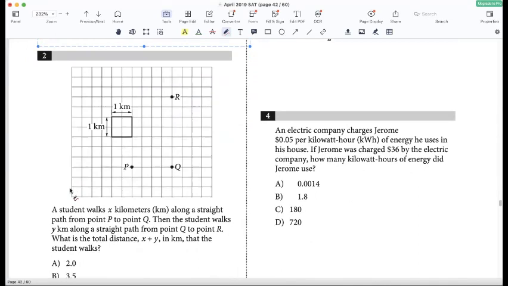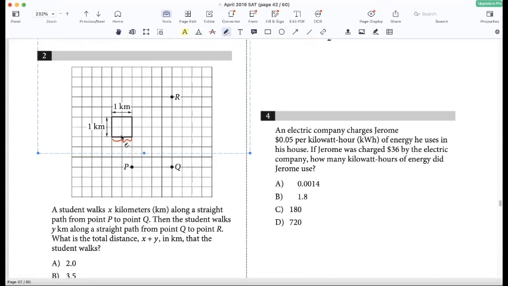Question 2. A student walks x kilometers along a straight path from point P to point Q. Then the student walks y kilometers along a straight path from point Q to point R. What is the total distance x plus y that the student walks? So these 2 points are given as 1 kilometer.